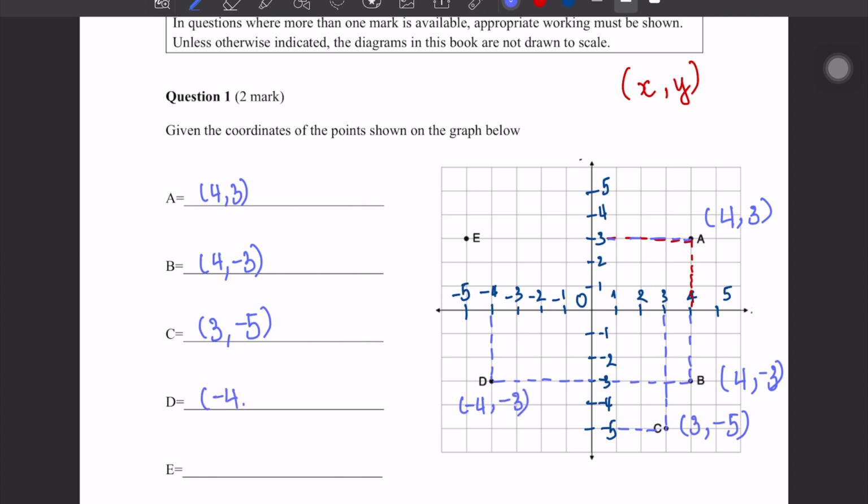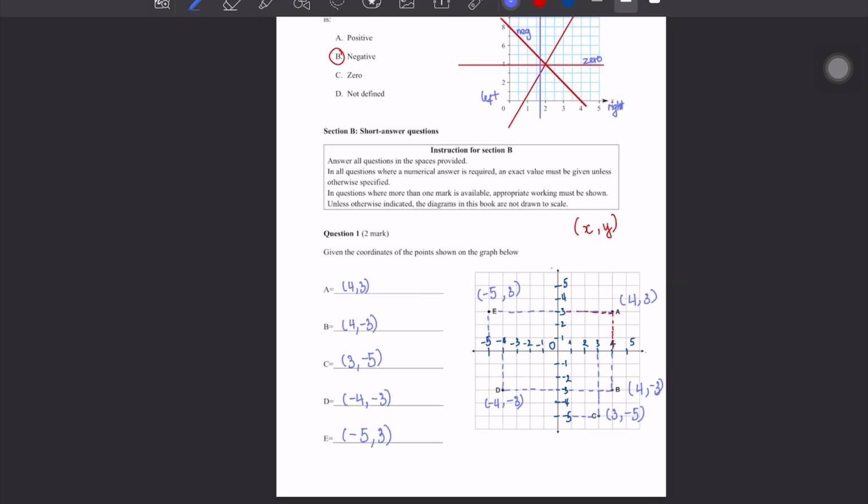D is (-4, -3). And E, the last one, the x coordinate would be -5 and the y coordinate 3. E is (-5, 3). That would be your answer here.